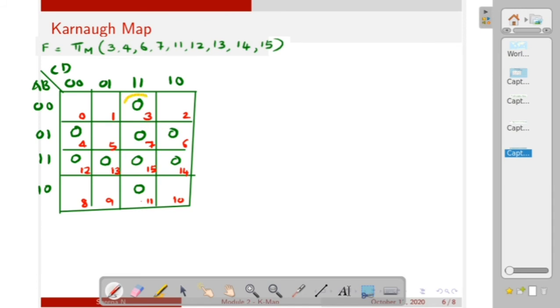Okay, next we have to perform grouping. So here we group these 4 zeros because they are adjacent to each other. Then next we can group this 2 and this 2, form a quad. Next we can group these 4.